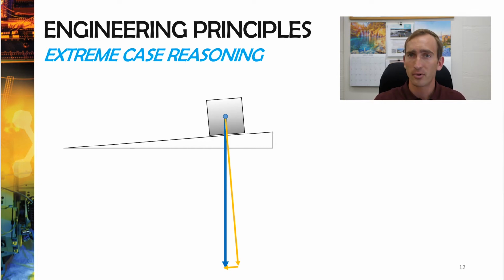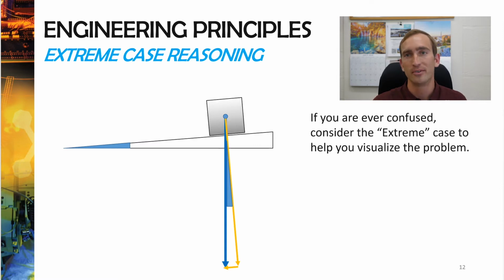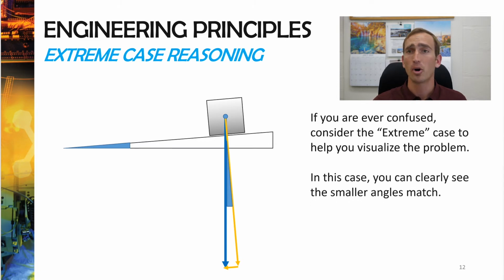By then drawing the free body diagram of the block and drawing the weight down and then drawing the force parallel to the ramp and perpendicular, what you can see fairly quickly is that the two small angles match up. This allows you to visualize the problem better and to more quickly realize that the two smaller angles match and verify your free body diagram.